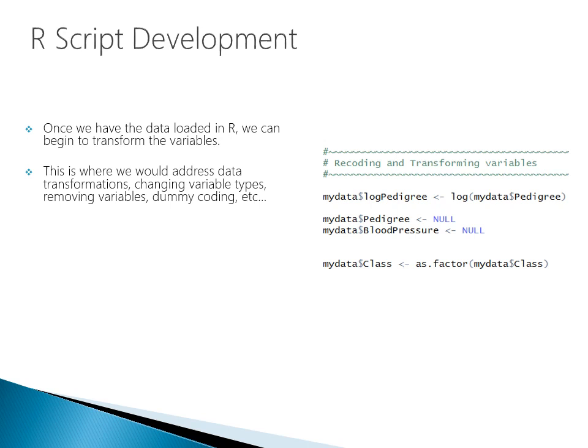Another example down below is that I'm taking this my data $ pedigree column and I'm removing it. And the syntax to do so is spelling out NULL. And you see in the script that it shows it in blue. So in the first step, what we're doing is we're transforming a variable into a new variable and then removing the original variable.